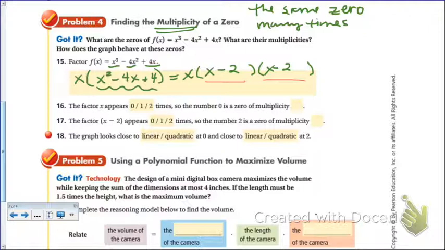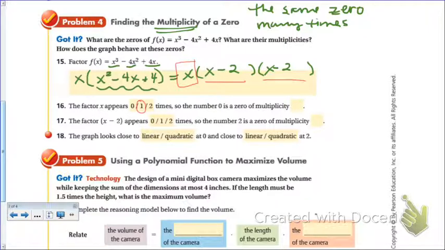It says the factor x appears how many times? So the number 0 has a multiplicity of, when we're talking about the factor x, we're talking about this one, and we only have one of those.